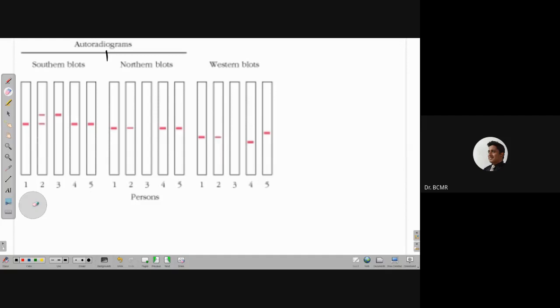So there are 5 people. Person 1 is normal, and 2, 3, 4, 5 have different levels of mutations or some kind of problems. In each of the cases, you have to compare the Southern blot of 2 with the Northern blot of 2 and the Western blot of 2, and that should be in relation to the normal person.